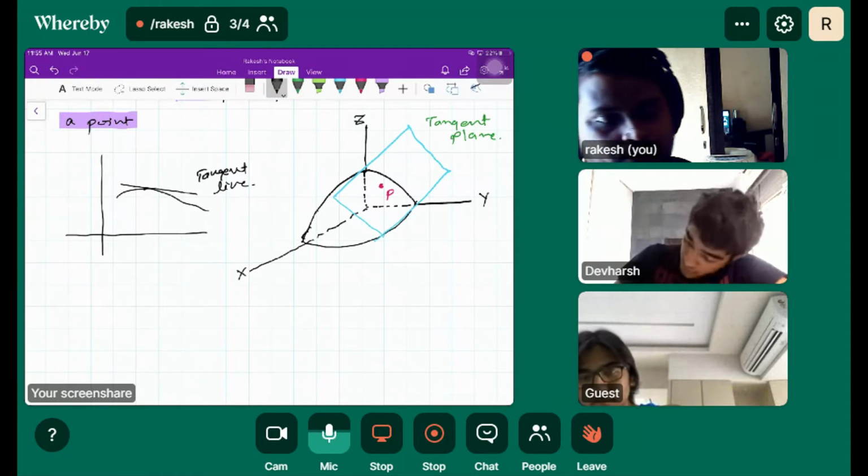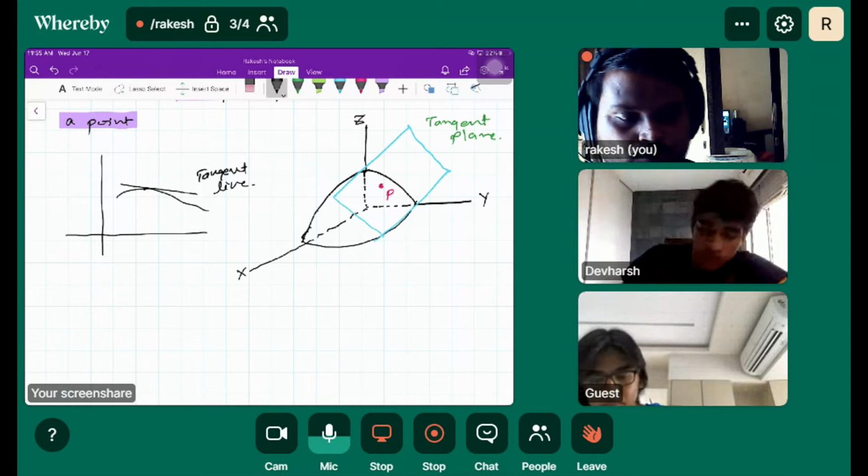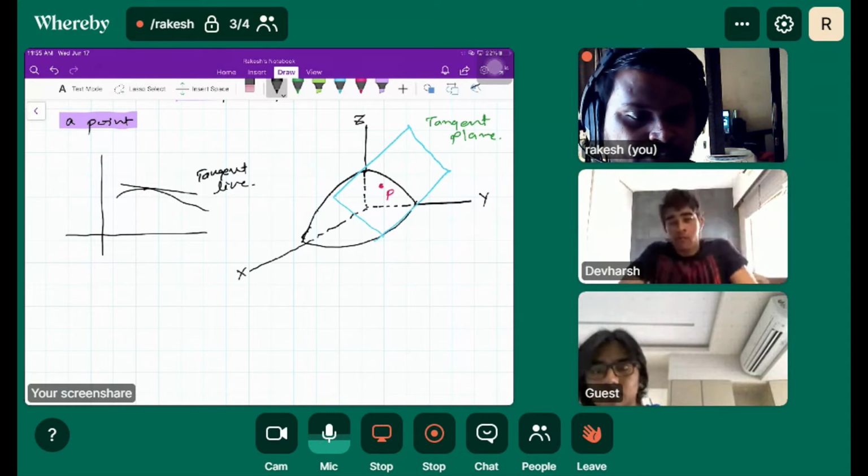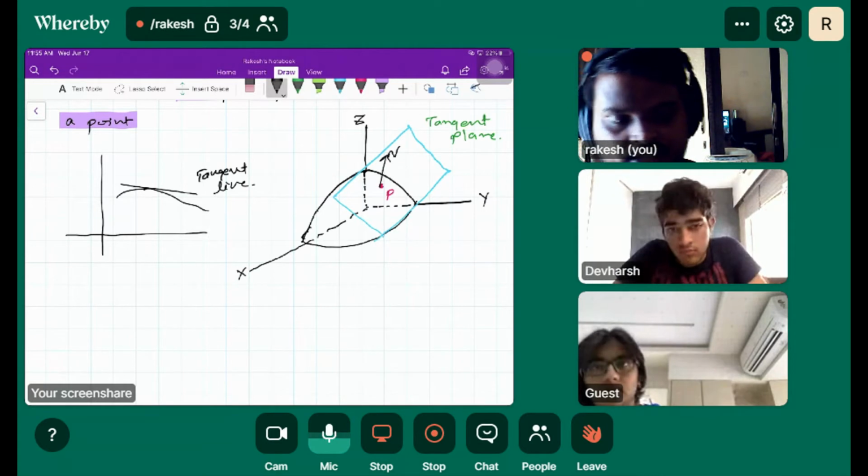We are going to find the equation of this plane, so we want the normal vector. We'll see that later.